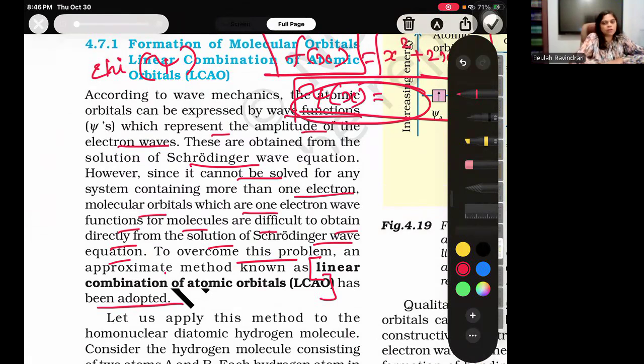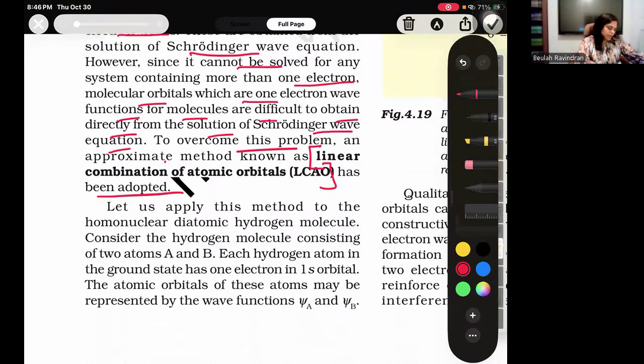But for a molecular orbital, the electron distribution is surrounded by a group of nuclei, so it is not possible to solve the Schrodinger wave equation. So we switch over to LCAO, that is, linear combination of atomic orbitals.